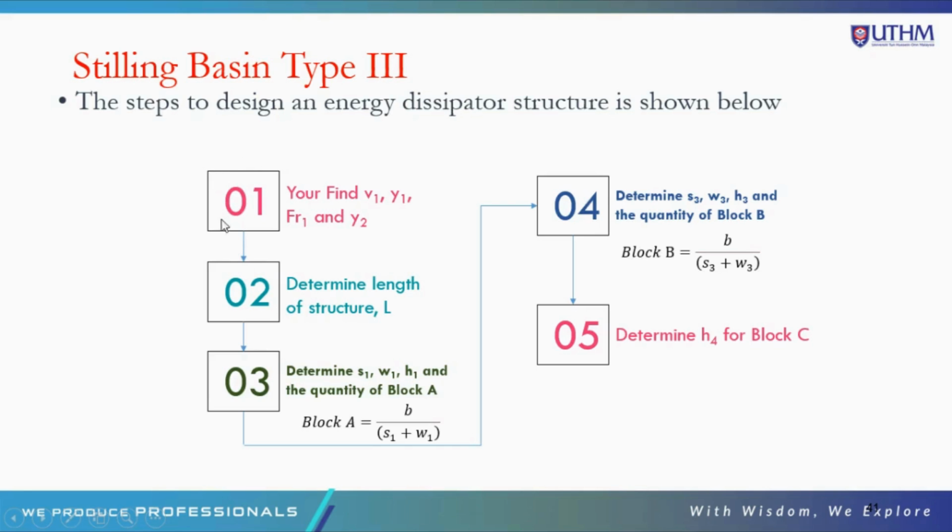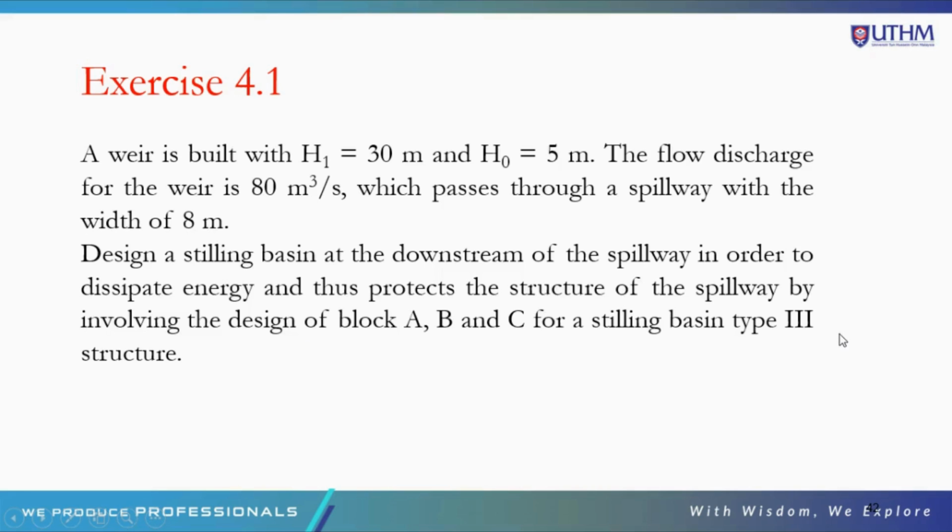First, identify velocity, y, and Froude number. Second, determine the L value, the length of the structure. Then identify block A, block B, and block C. Finally, we can sketch the design of the structure.